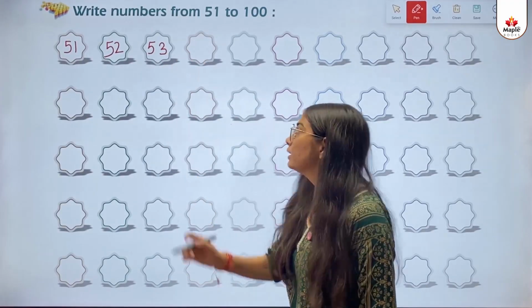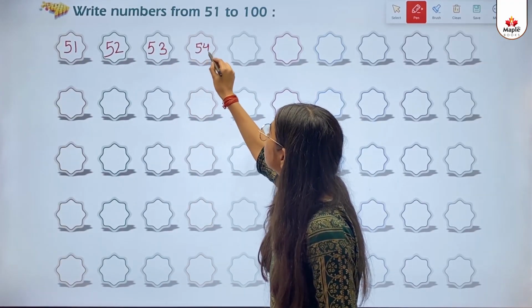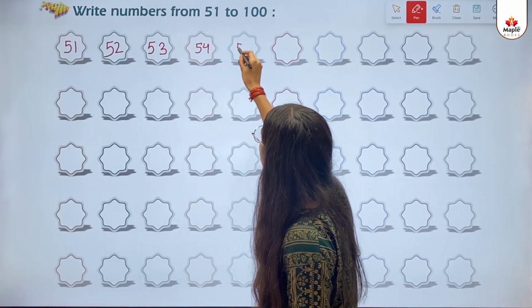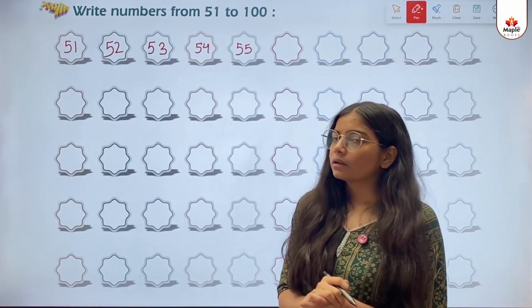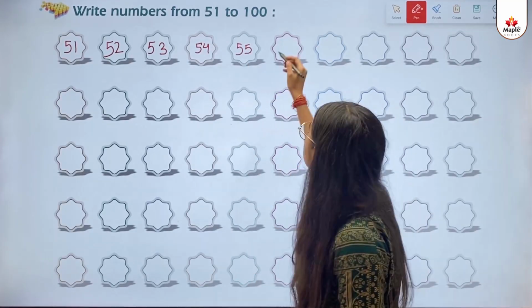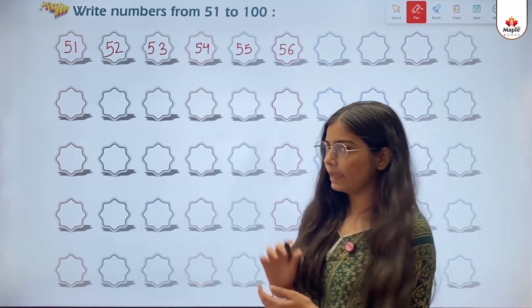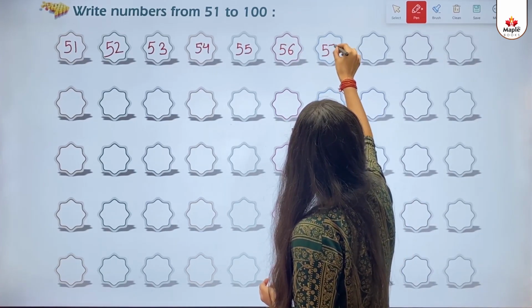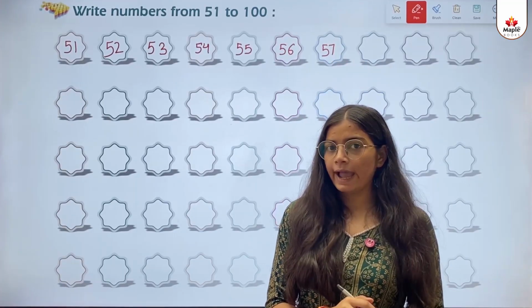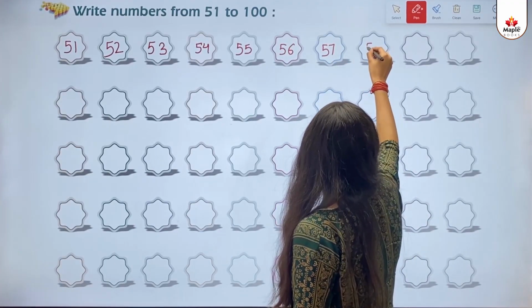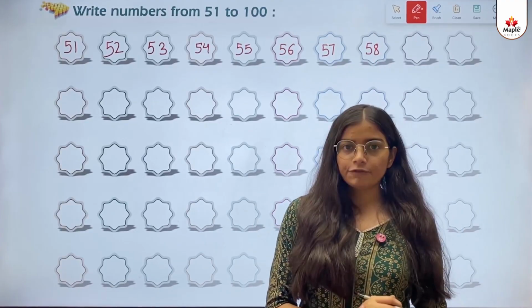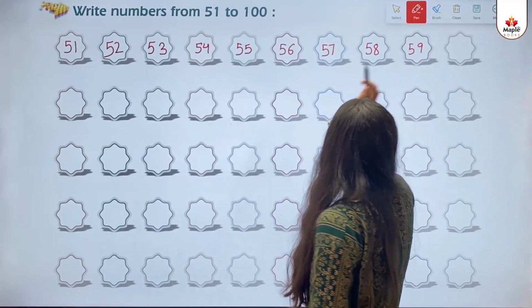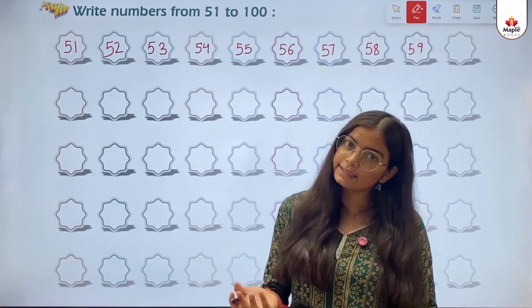5 4 54. 5 5 55. Then 56. Then 5 7 57. Then 5 8 58. 5 9 59. 6 0 60.